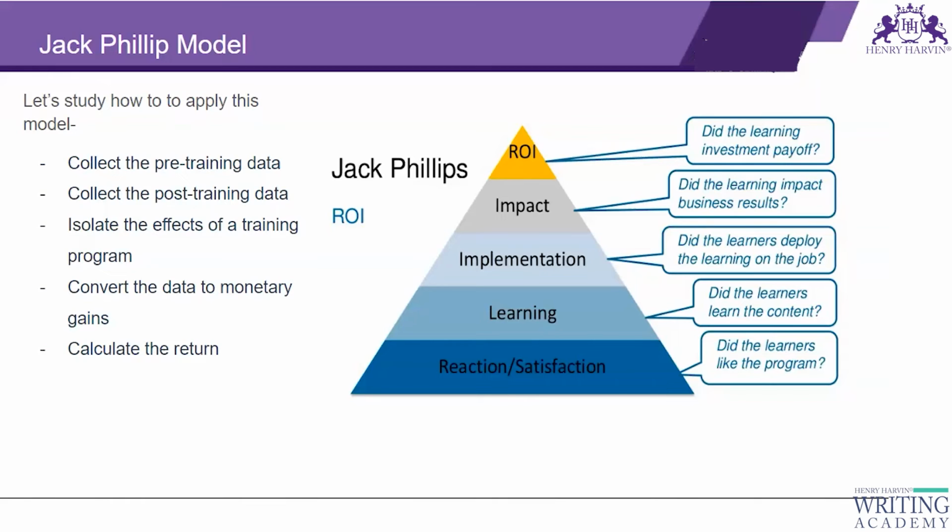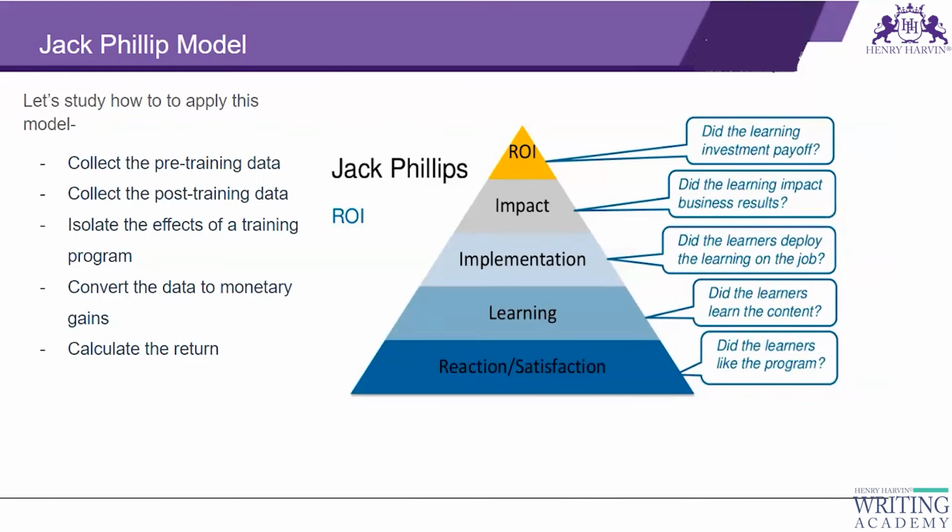So first of all, reaction and satisfaction: did the learner like the program? Then learning: did the learners learn the content? Implementation: did the learners deploy the learning on the job? Impact: did the learner impact the business results? And return on investment: did the learning investment pay off? I took the pre-training data. As I mentioned, I saw 2.5 was the average score.